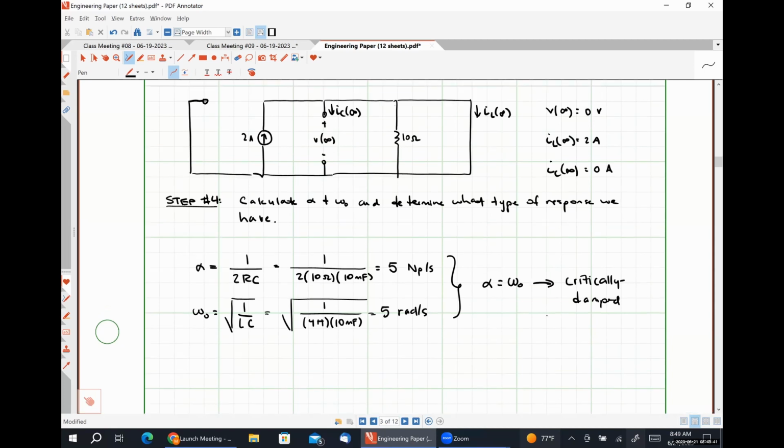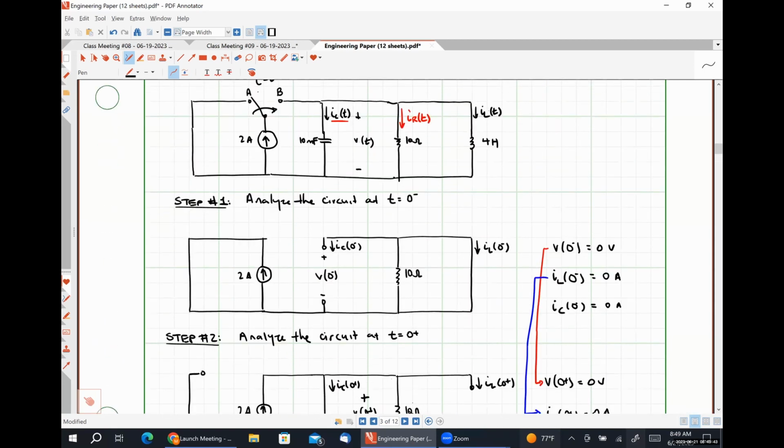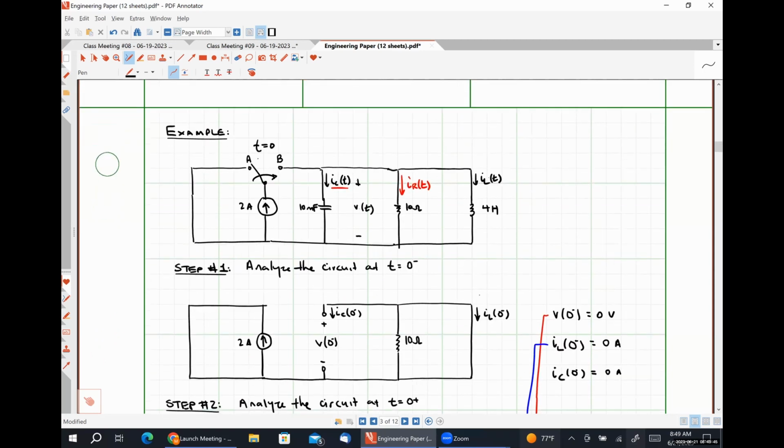So let me scroll back up so we can look at things here. So I am trying to solve for my capacitor current and my resistor current. Now my capacitor current is fairly straightforward. There's really only one way that I could go about doing that, but my resistor current I could solve for in a couple of different ways, right?